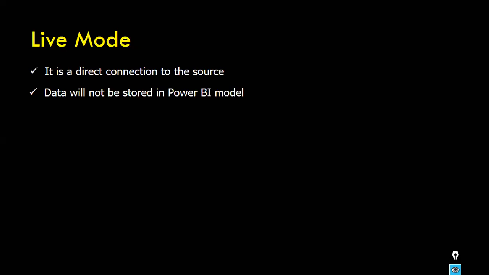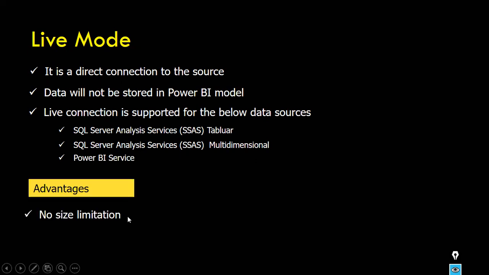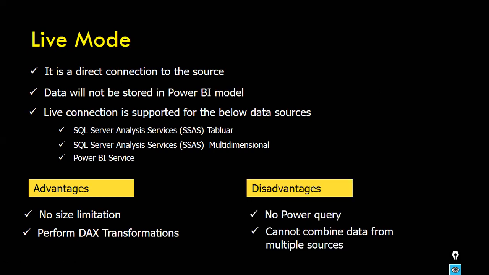The live connection mode is supported only with 3 data sources as of today: SSAS tabular, SSAS multi-dimensional, and Power BI service. That's it. And the advantage is no size limitation, you don't have to load the data locally. It is a direct connection to the source, and you can perform most of the DAX transformations, unlike direct connection mode.